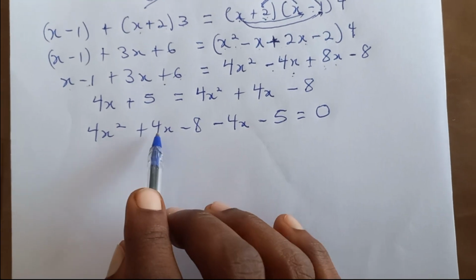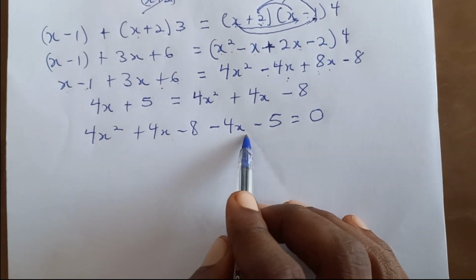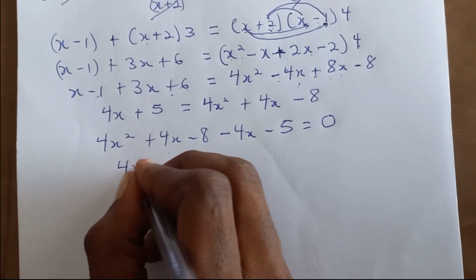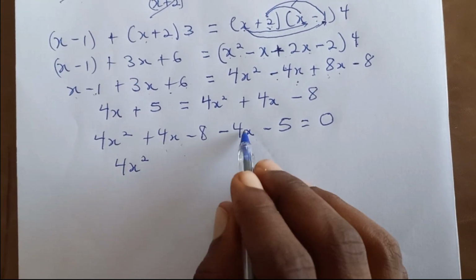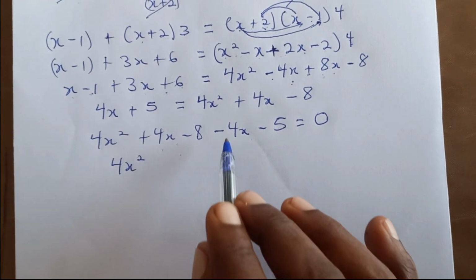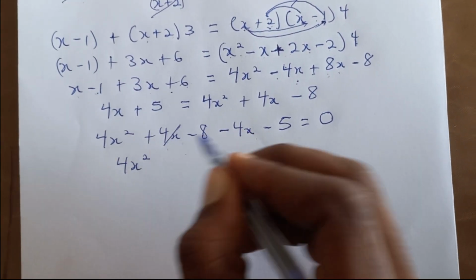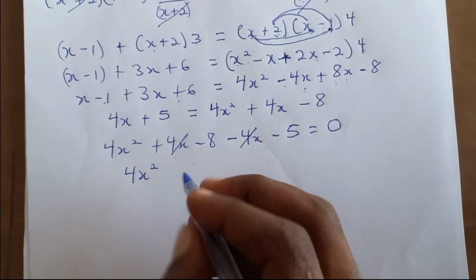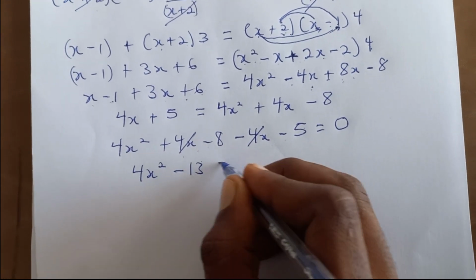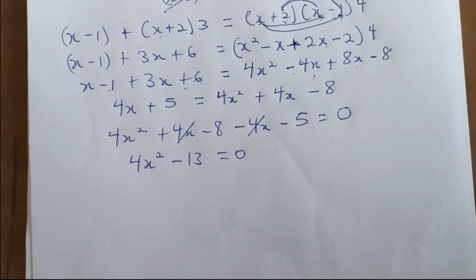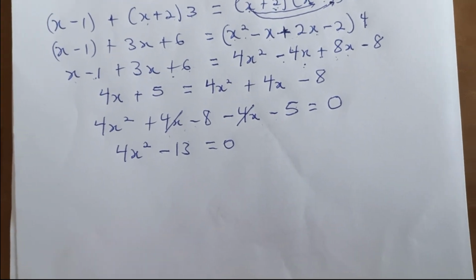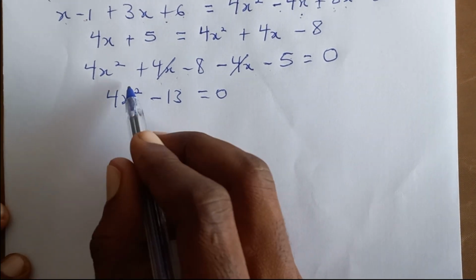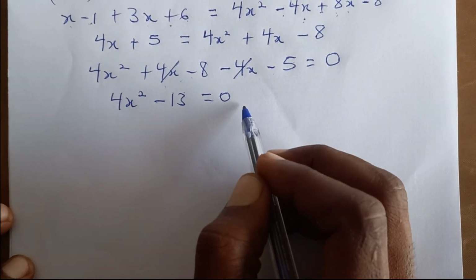Now, 4x minus 4x gives us 0. So we get 4x squared, the 4x and -4x cancel out. -8 plus -5, we get -13. Very good. So now we have 4x squared minus 13, which is equal to 0.